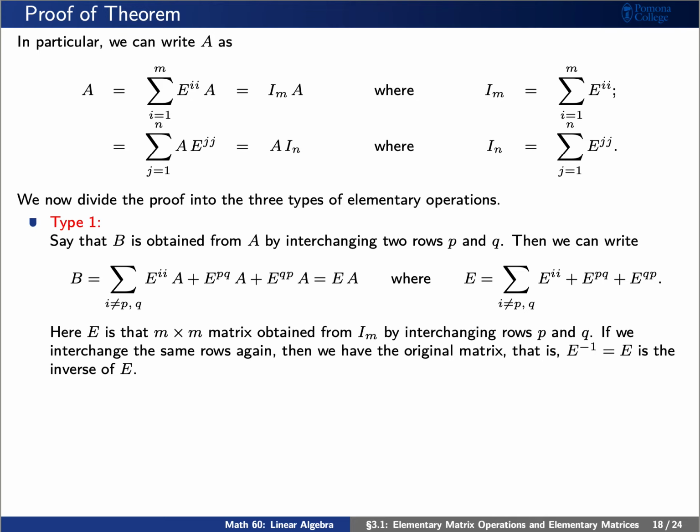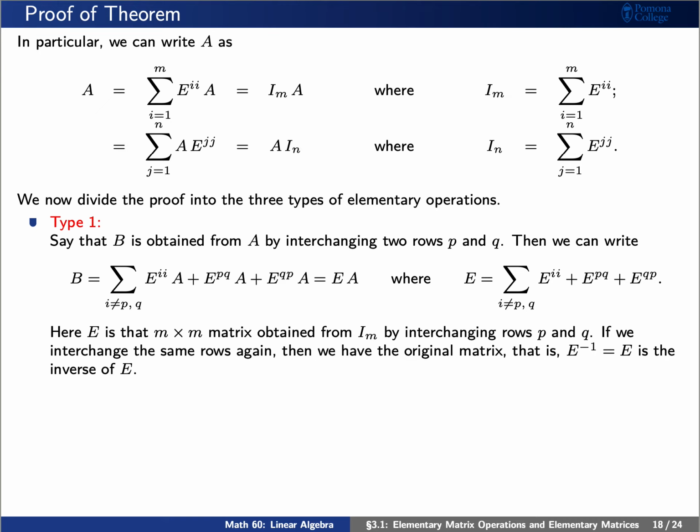Now, summing in a very similar way to what we found up above, we find this matrix E that you see at the right of your screen. Notice that E is that m by m matrix obtained from the identity matrix by interchanging rows P and Q. The idea now is that if we interchange the 2 rows again, then we have the original matrix.